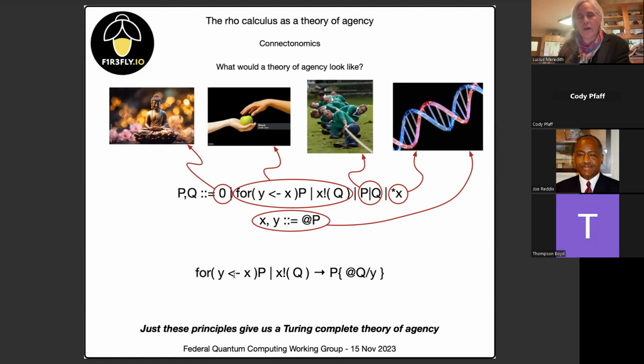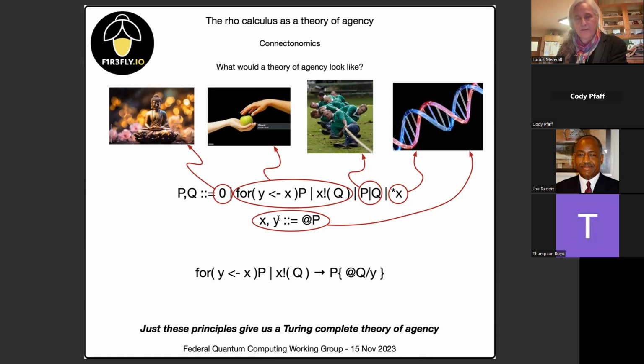roughly speaking, you can think about decorating the channels with rates, and if you just decorate them with real numbers, you get a version of Gillespie, which allows you to do stochastic simulation. If you decorate them in such a way that the probability distribution is a probability amplitude, so you're decorating the rates with complex numbers, then you get a quantum-style execution.